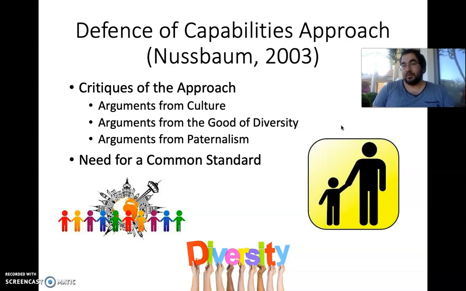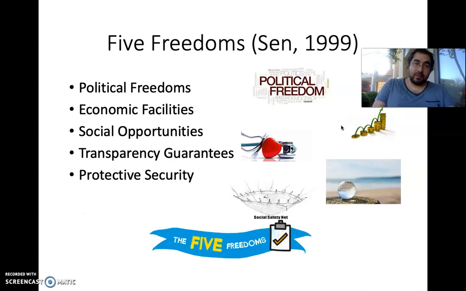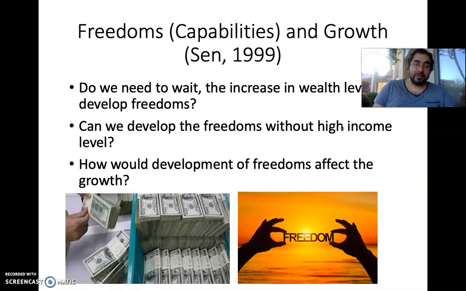So in that sense, paternalism already exists, and before we can build a democratic platform for the whole world, at least we should be able to say what is right and what is wrong, or what is beneficial or what is harmful, as far as we can see in a society. So this is basically what Nussbaum stated. Now we can fall back to the original article of Amartya Sen.